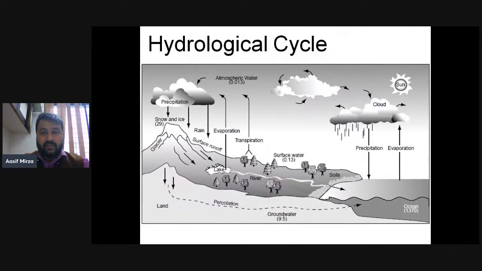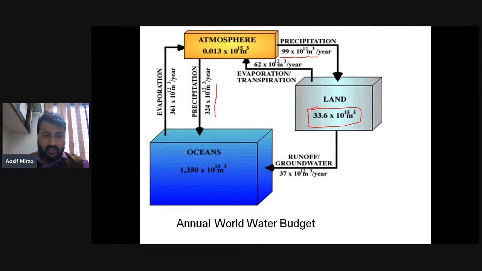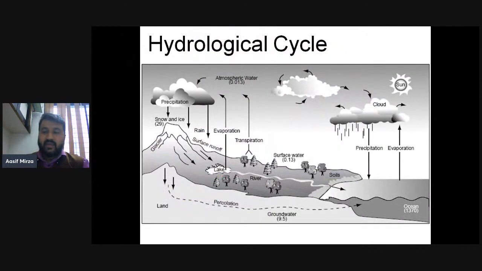Okay. Now you can see here in another graphical representation, the hydrological cycle is given. So in the hydrological cycle, the amount of ocean water is given as 1350 plus minus 20 into 10 to the power 15 meter cube.